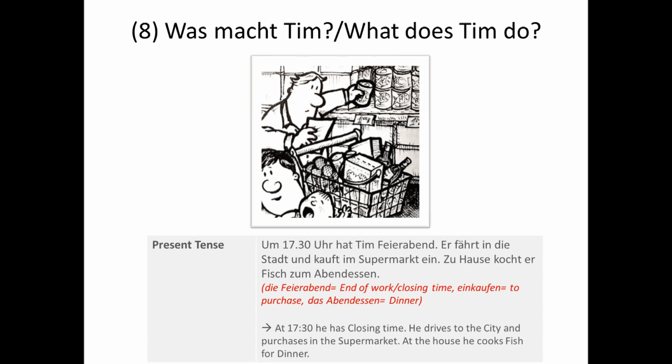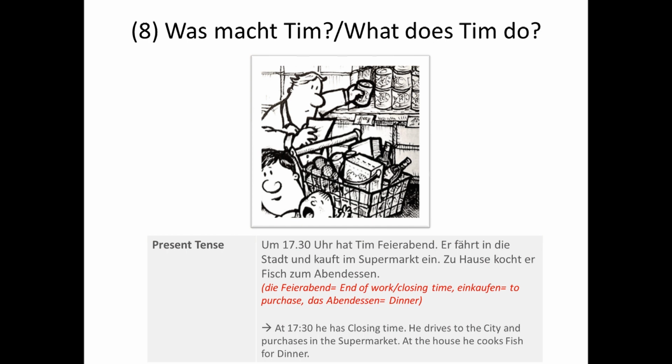And then comes 5:30 p.m., and most of the offices are closed by 6 or 5:30. So 17:30 Uhr, yes, hat er Feierabend. What is Feierabend? Feierabend means the end of your work, the closing time.